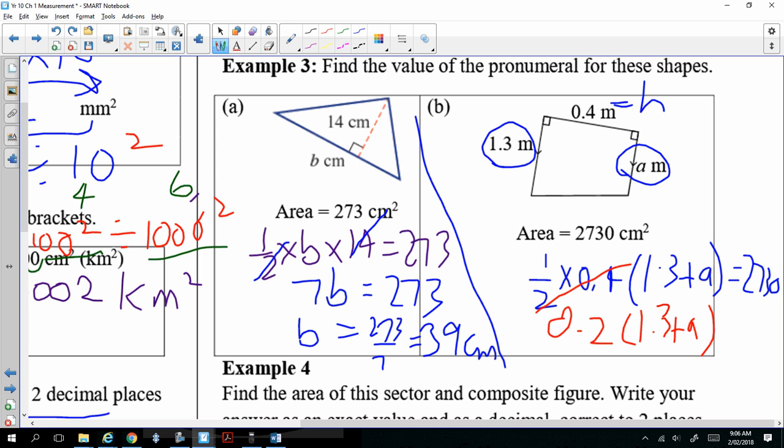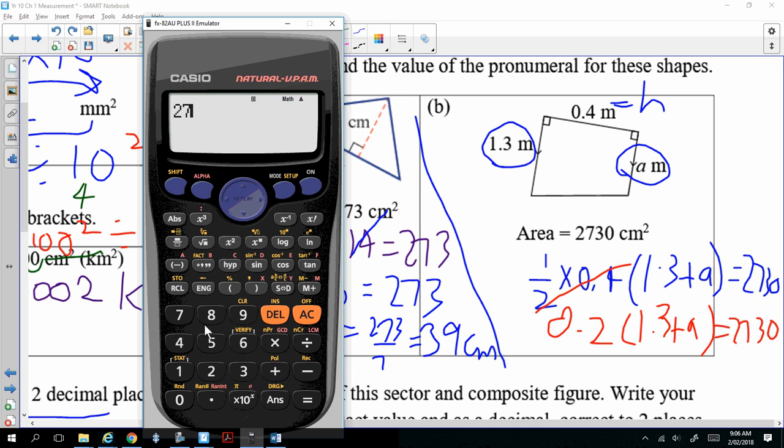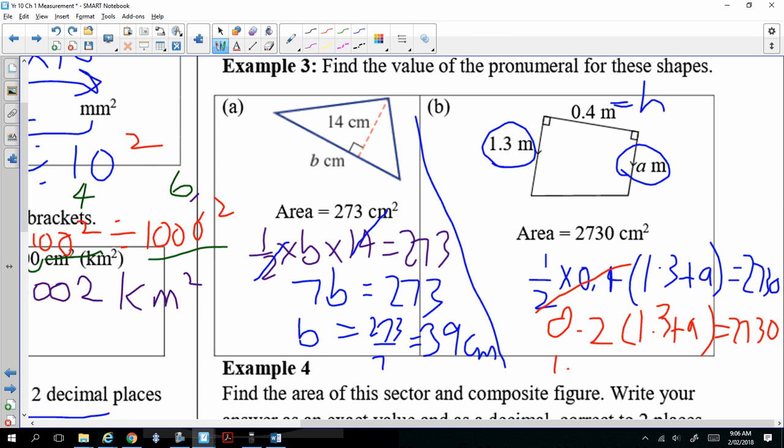So you do 2730 divided by 0.2, 13650. Oh, I made a lethal mistake. Can anyone see what that was?